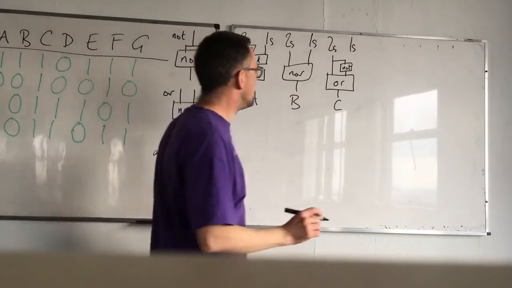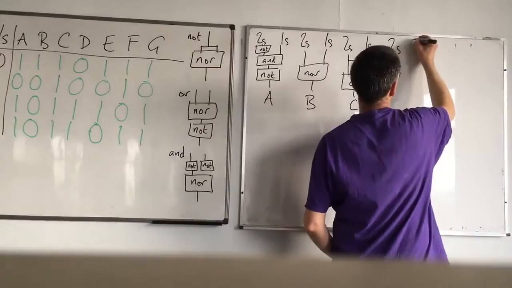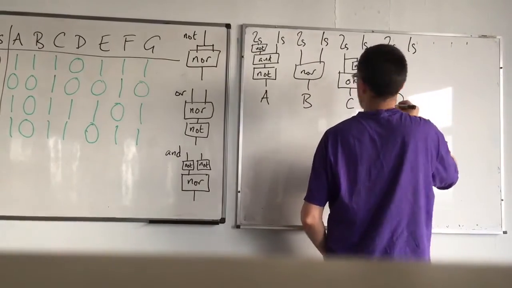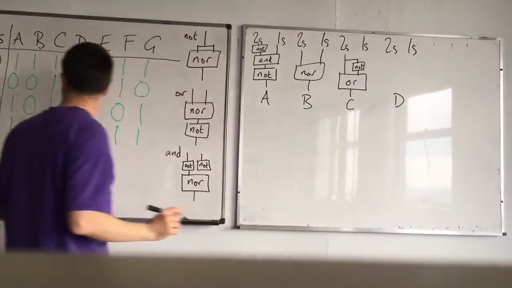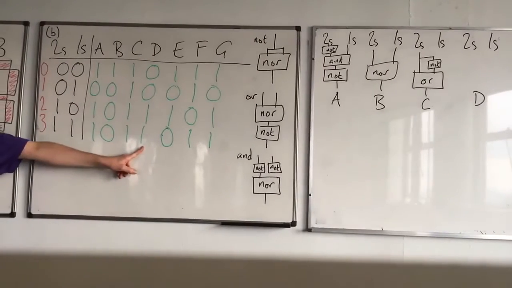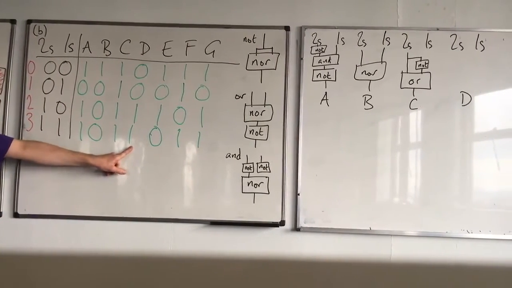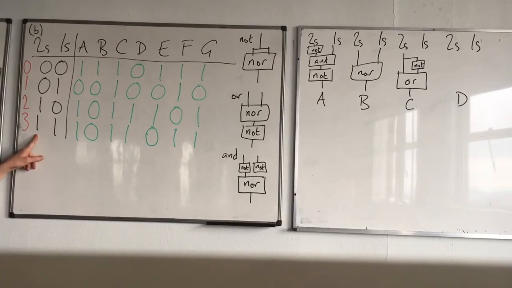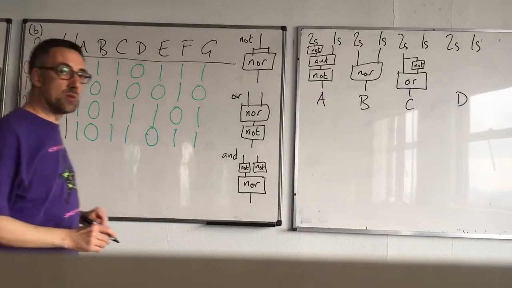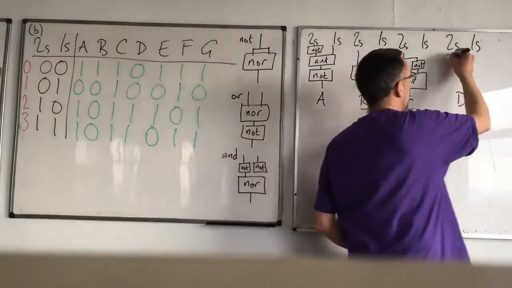Next, we have D. Well, if we look at D in the truth table, we can see that it is always exactly the same as the 2's input. So we can build this circuit very cheaply with just a piece of wire.